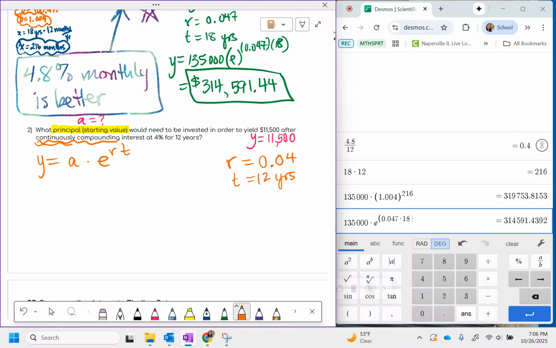And so since I start with the 11,500 in the y, and I'm trying to solve for a, I have this whole decimal, and I do not want to turn that into a big long decimal. I just want to divide both sides by it, and I will just put it into the calculator.